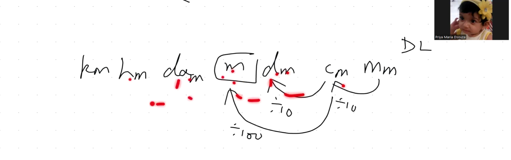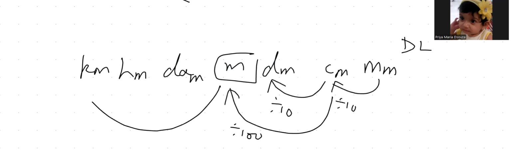So centimeters to meters to kilometers, I'm seeing three jumps: 1, 2, 3. So if I'm going from meters to kilometers, I have to divide by 3 jumps, meaning 3 zeros, so 1 followed by 3 zeros, which means 1000.